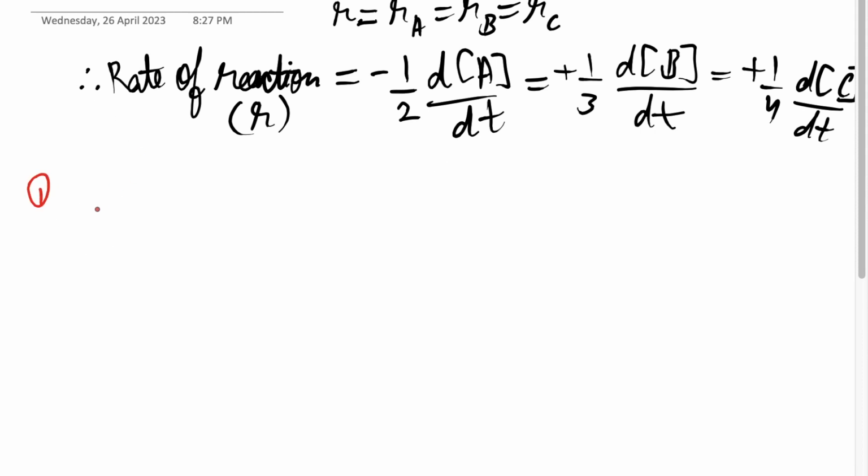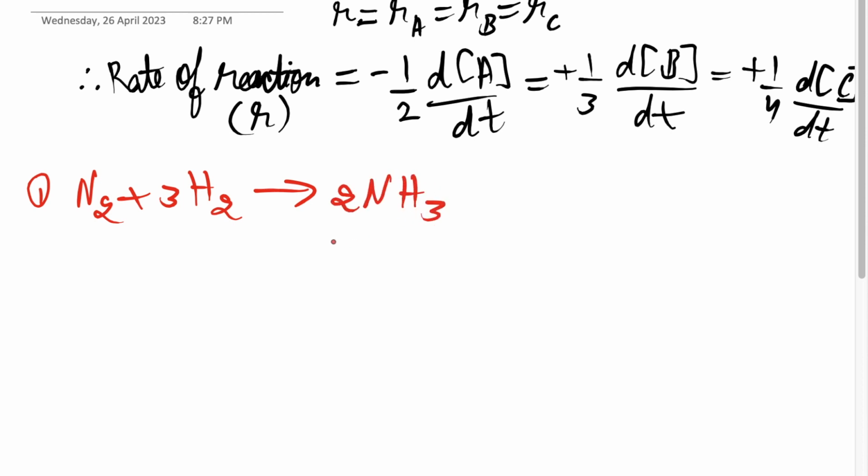Now let's consider another example. N2 plus 3H2 gives 2NH3, ammonia. Nitrogen and hydrogen combine to give ammonia. Therefore, what is the rate of reaction?